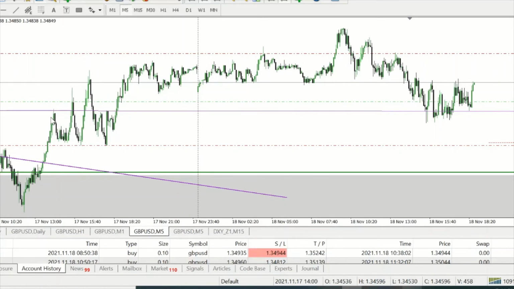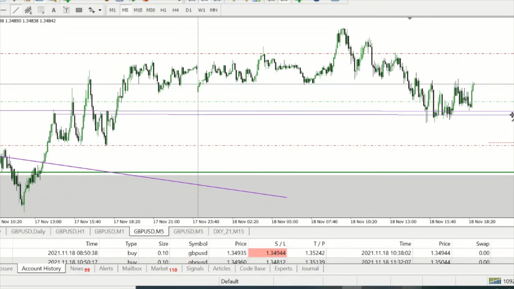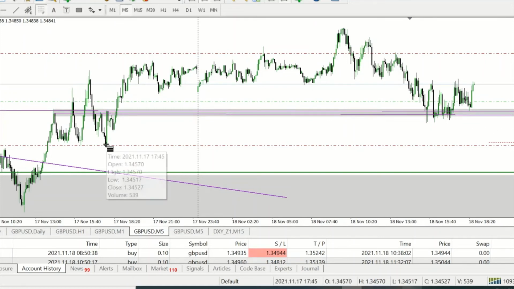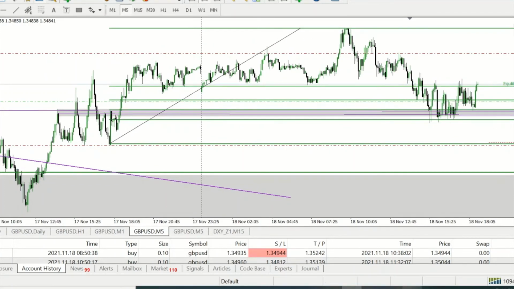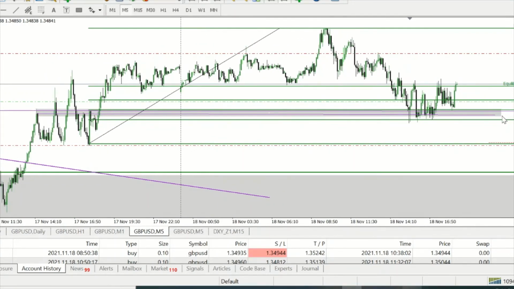This one was a good point for the breaker, and drawing at that region, we get this line, and this zone was a good point of entry. Looking at the confirmation by using the fib bar, you identify this region is the OTE, and actually the market came to retest at that point.